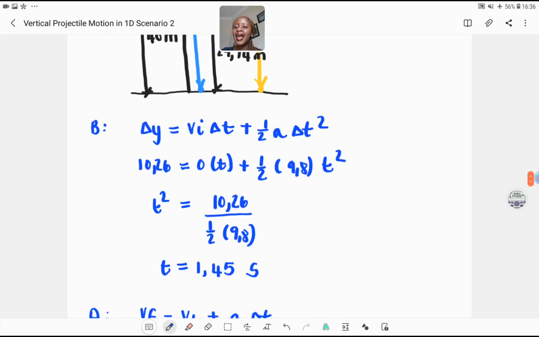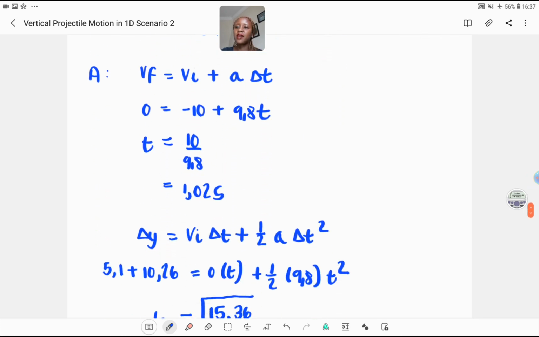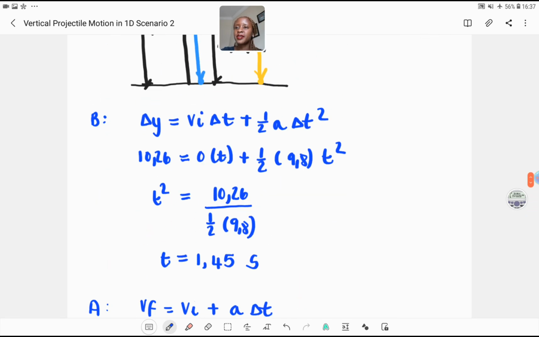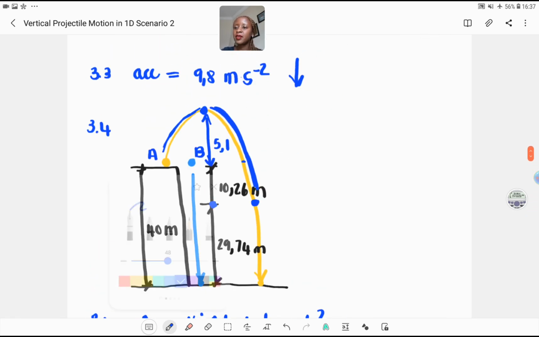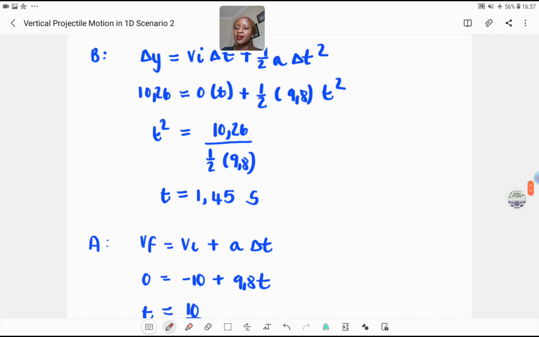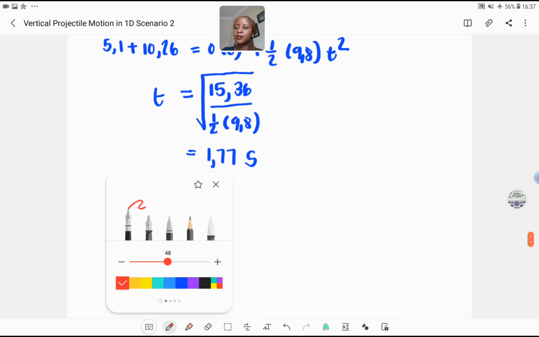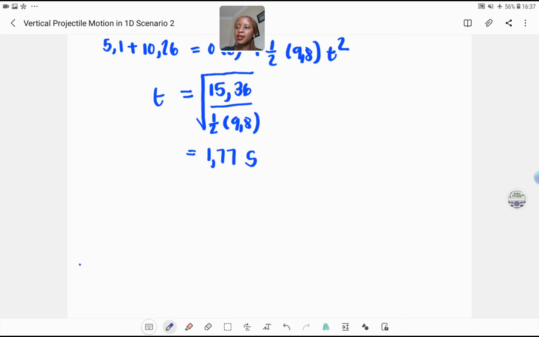Okay, so if I add the two, I have 1.02. So the total time, if I were to say maybe this is point 1, that is point 2, and that is point 3. So if I want the total time from point 1 to 3, that's when I'm going to add the two.